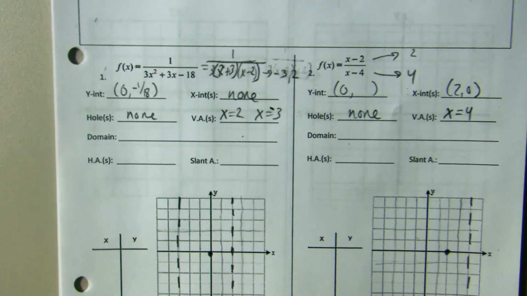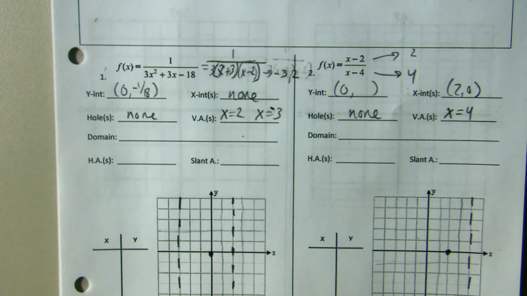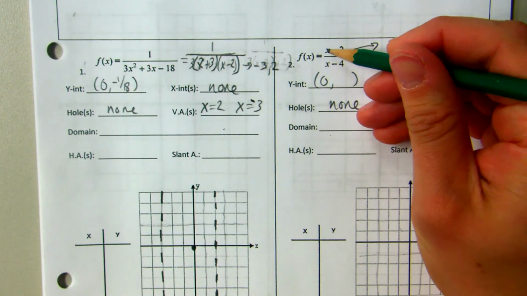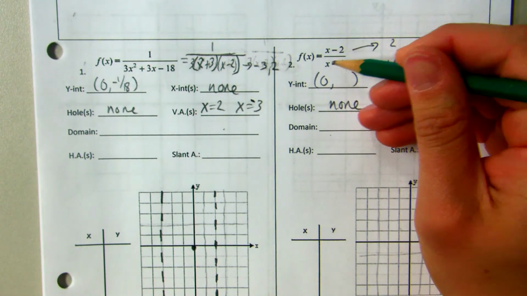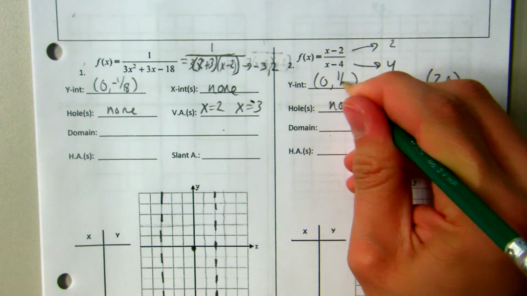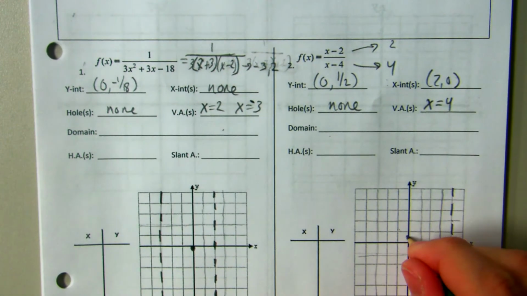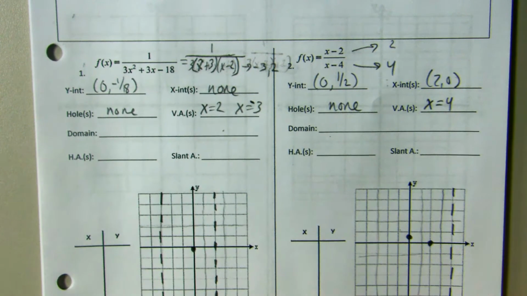So add that point to your graph. Plug in 0 for number 2. You get negative 2 on top, negative 4 on the bottom. That reduces to 1/2. So when x is 0, y is 1/2.